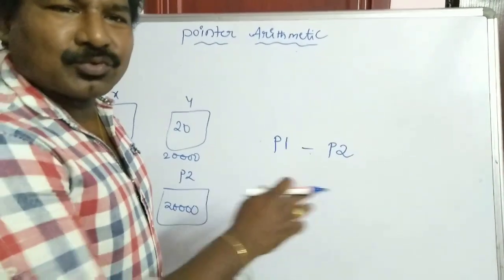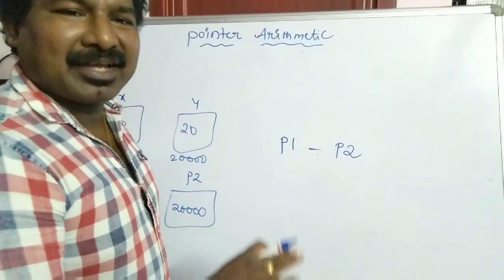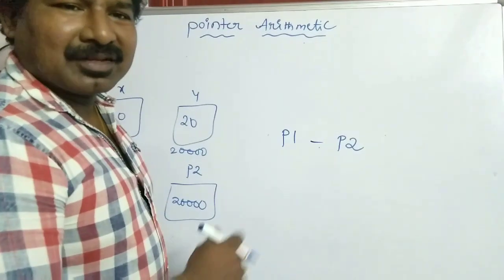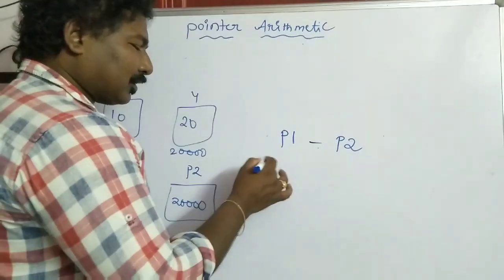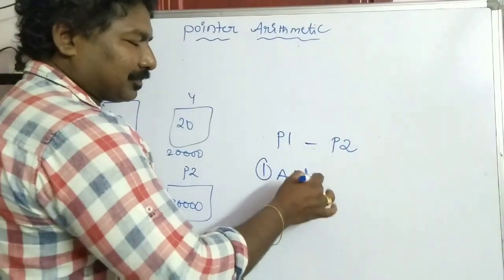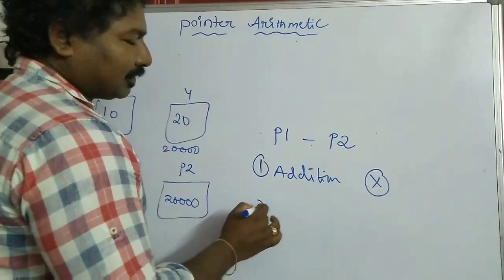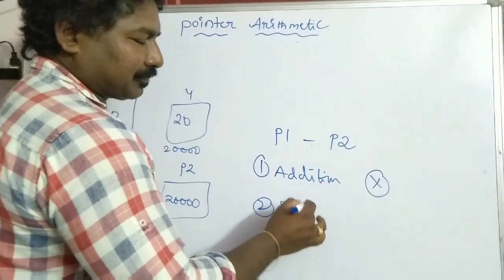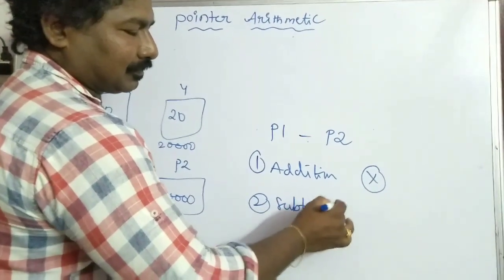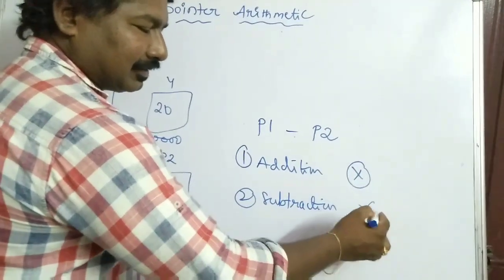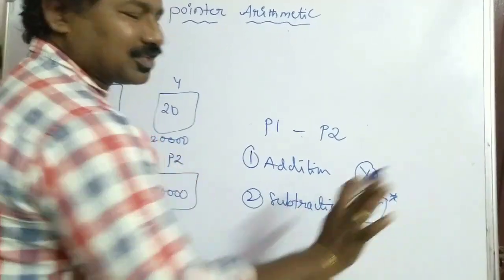If these two pointers are pointing to the same array, then subtraction is allowed. So addition: invalid, subtraction: valid, but with some conditions.